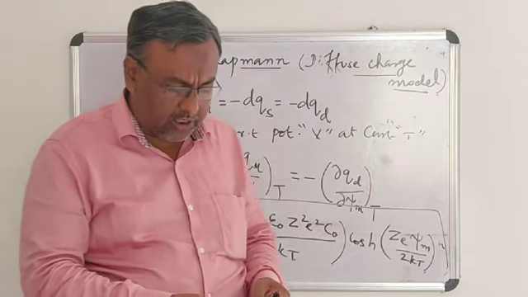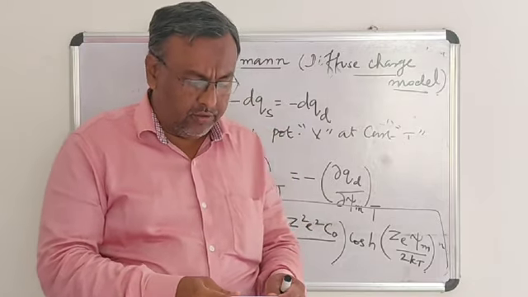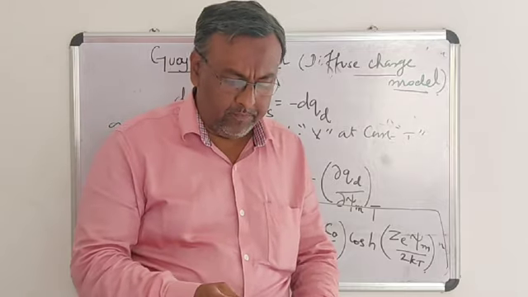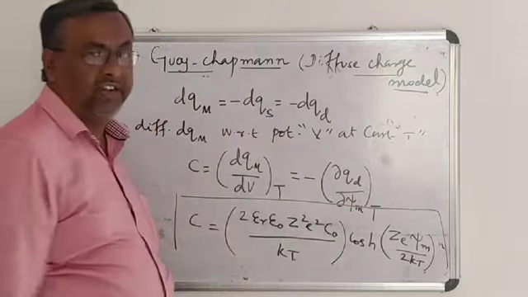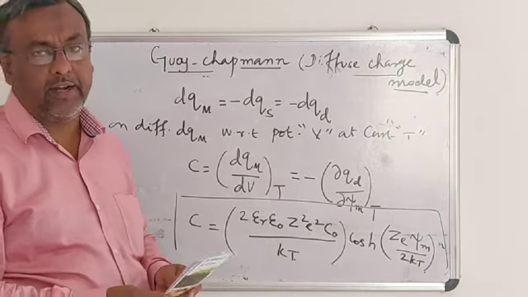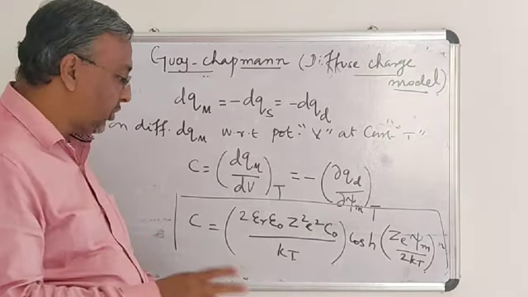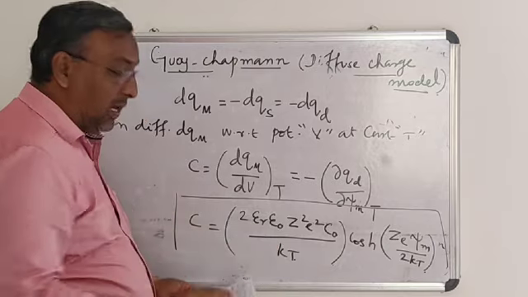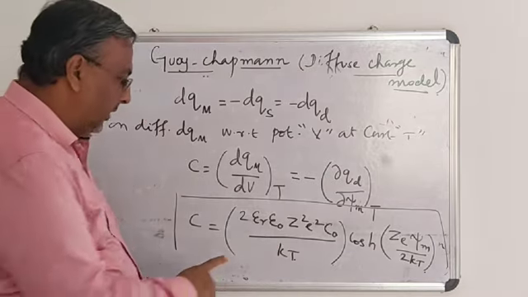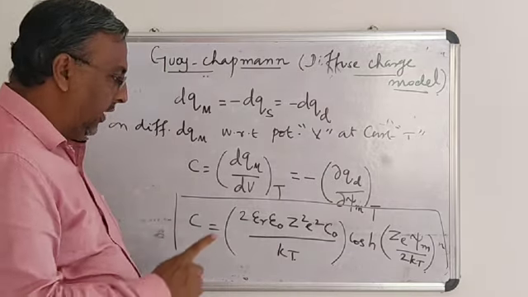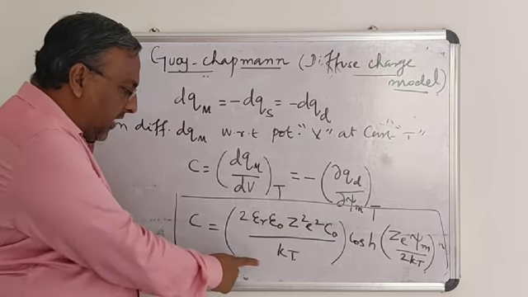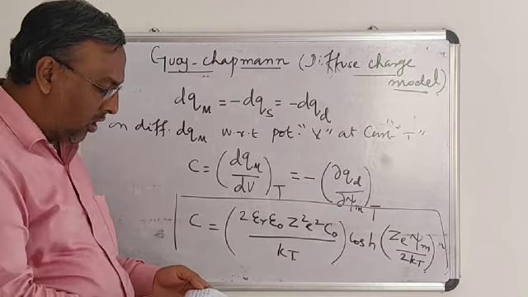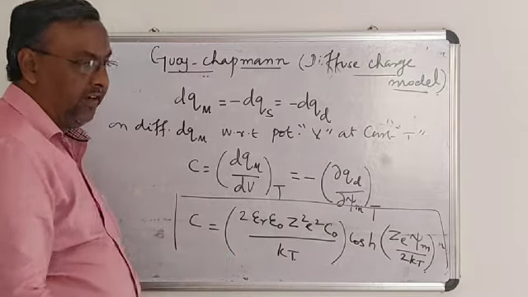There are some shortcomings. According to Gouy-Chapman theory, this differential capacity should not be constant. It will vary. It should show an inverted parabola dependence on potential across the interface.